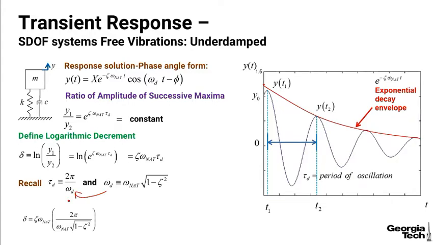This is what I end up with for tau sub d. And then I can cancel omega natural, and I end up with delta equaling 2 pi zeta over the square root of 1 minus zeta squared. So we see that delta, the logarithmic decrement, is just a function of the damping factor, zeta.